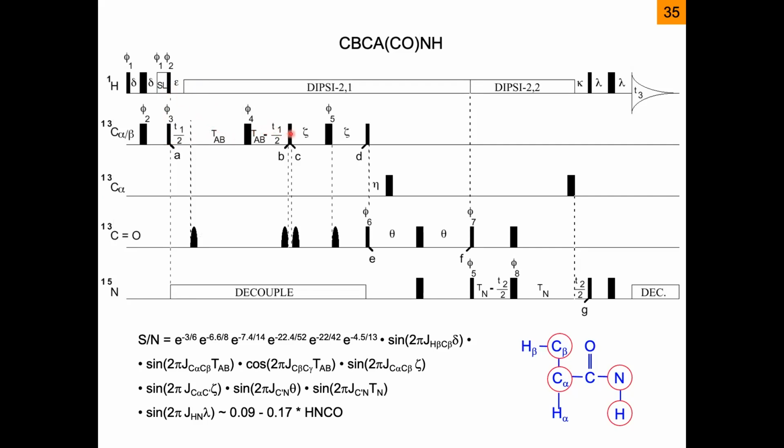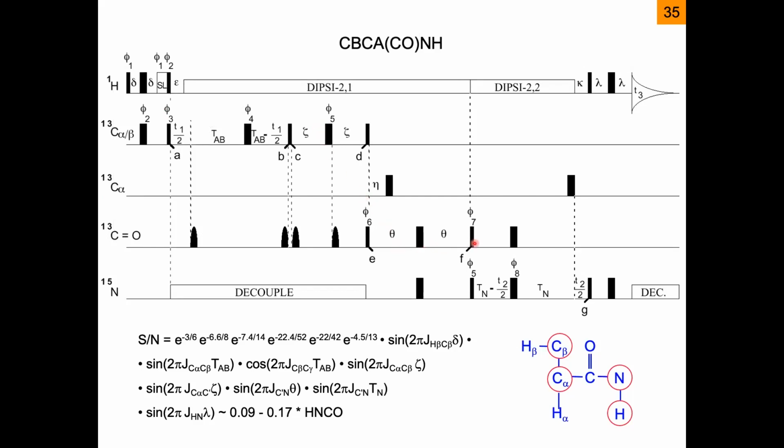And then here in this next period, you refocus the C beta antiphase magnetization on C alpha and defocus at the same time from the C alpha to the CO. Here it's this INEPT basically. Then you're sitting on the CO, you refocus the C alpha, you get the idea now, and then you defocus to the nitrogen.